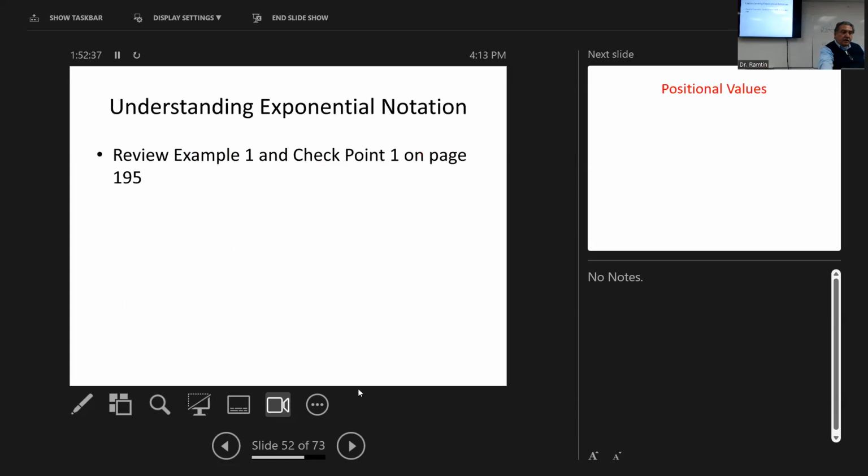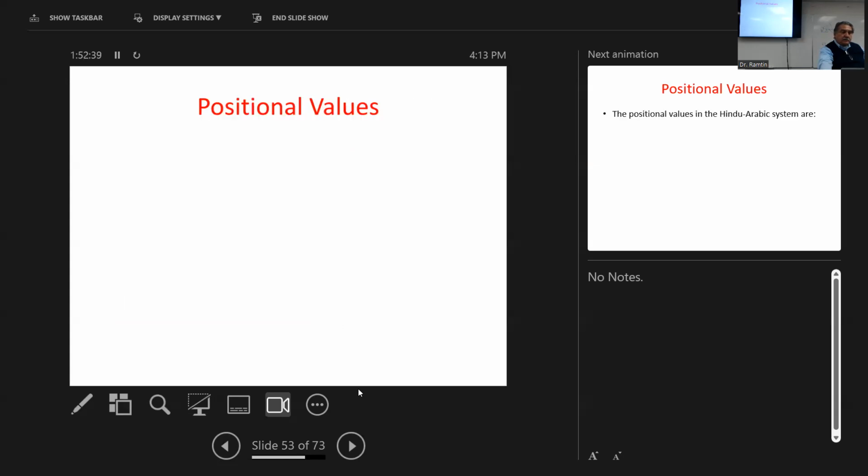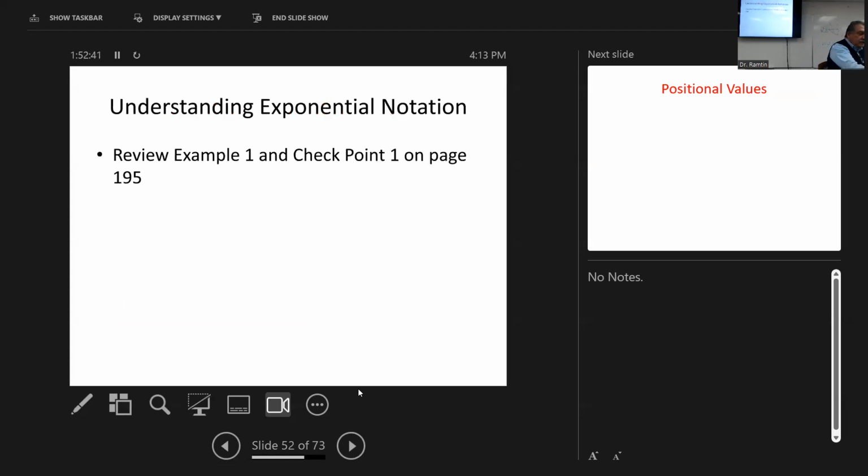Remember. So let's look at an example on page 195. Example 1, top of the page 195: evaluate the following.